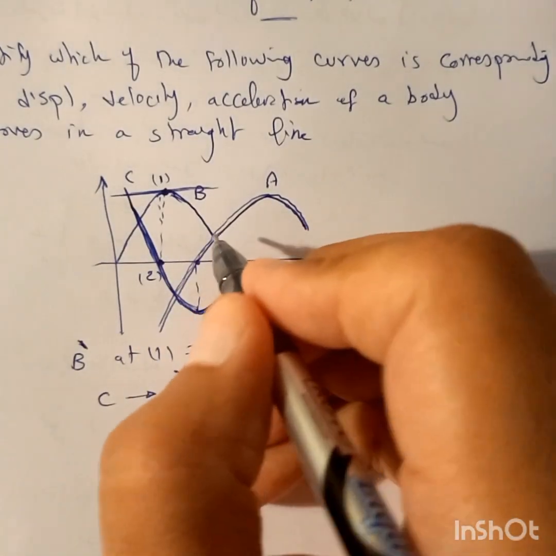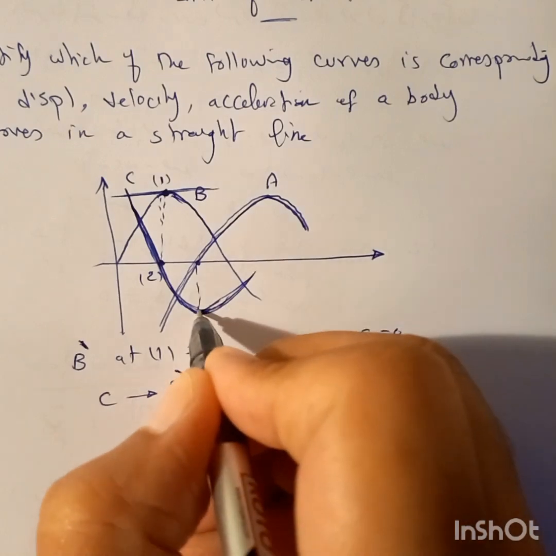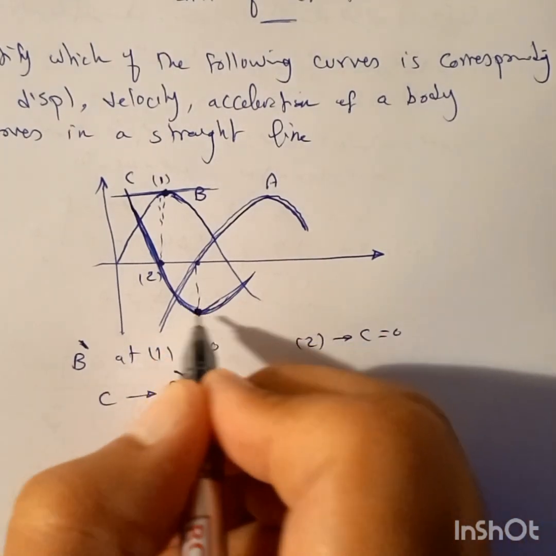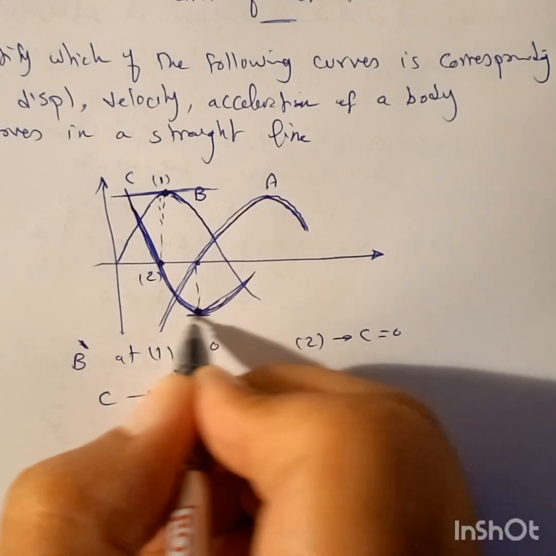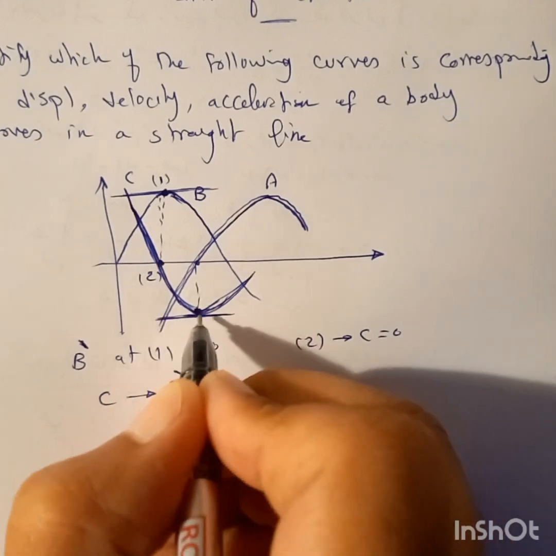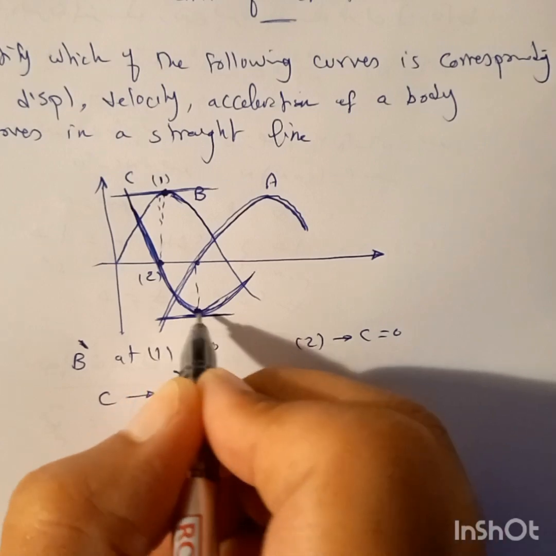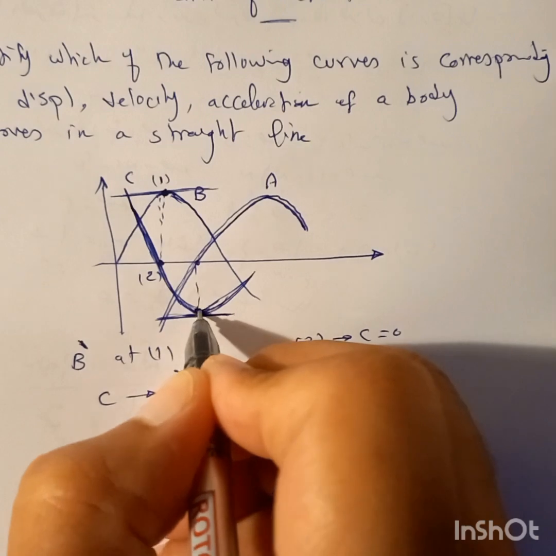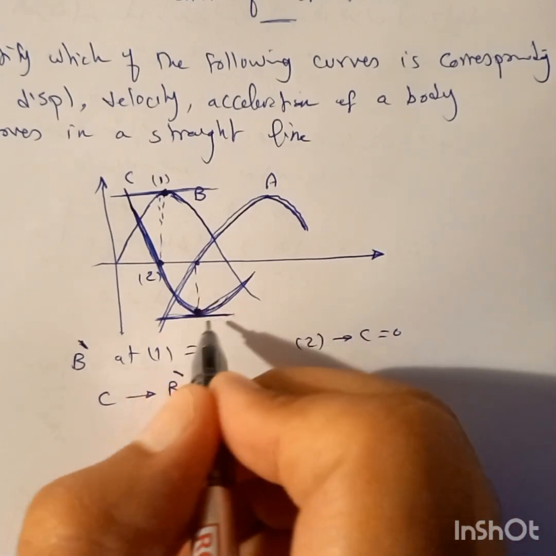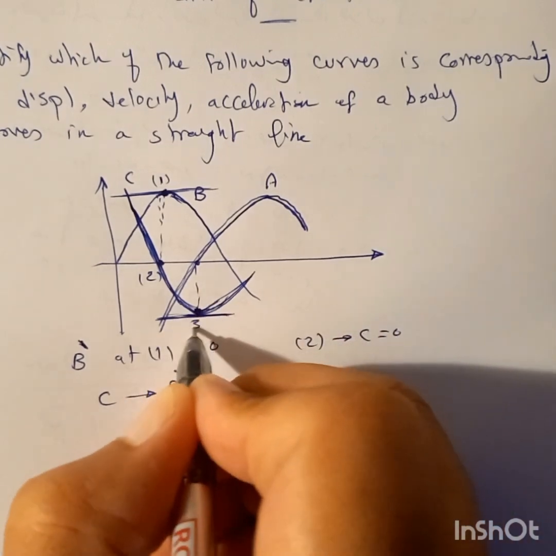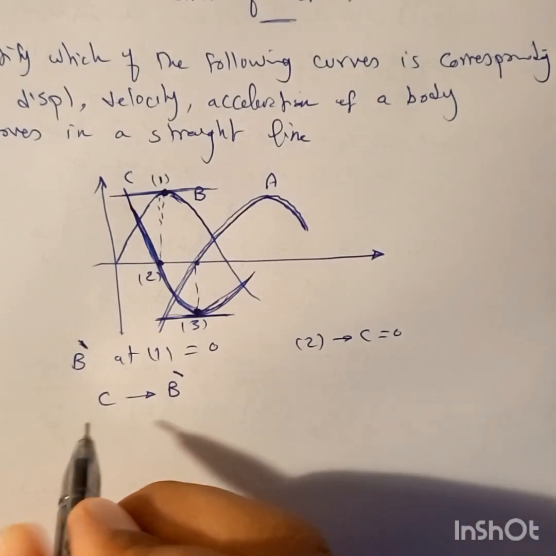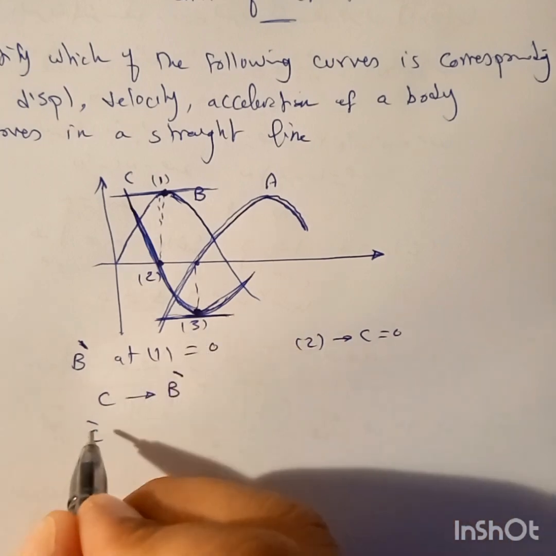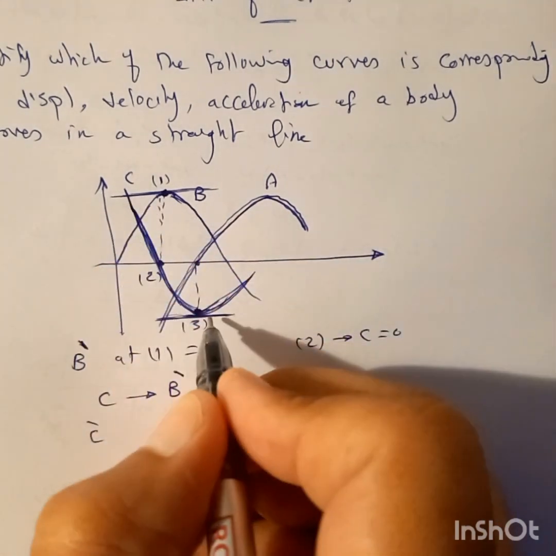For this curve C, for example, it has this minimum value, or turning point. We consider this point as a tangential point, and we sketch a line parallel to the x-axis. The slope of this tangent at this point, for example point 3, equals 0. Then C dash, as the slope of this tangent, is the first derivative of the equation of this curve.